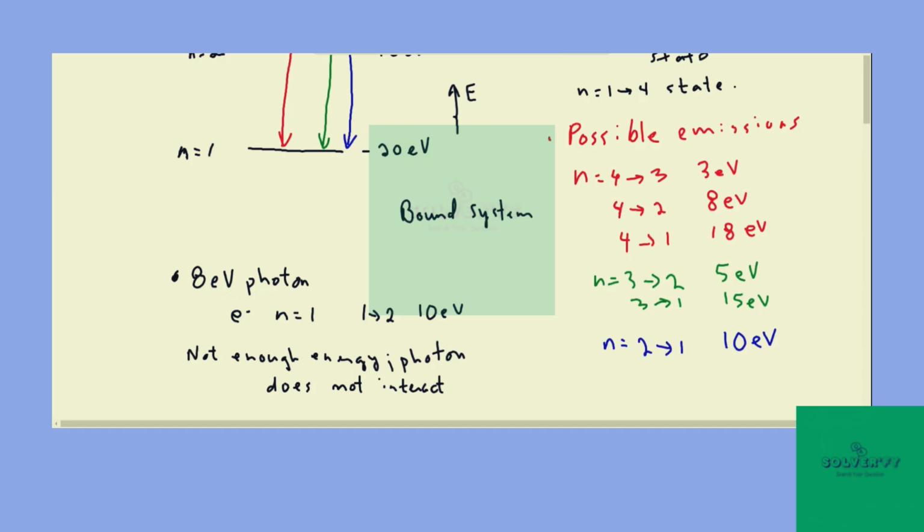Okay, and finally, the next thing is we are going to look at photons that come out of certain transitions in this material, and we will see what they do to another material. So this is kind of the photoelectric effect idea.